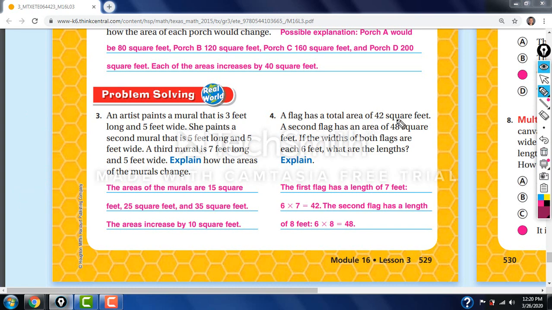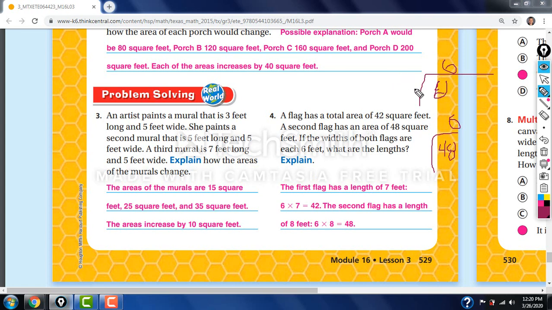Next one. A flag has a total area of 42 square feet. Okay, so I know it's 42. A second flag has an area of 48 square feet. Okay, there's my other one. If the widths of both flags are each 6 feet, what are the lengths?